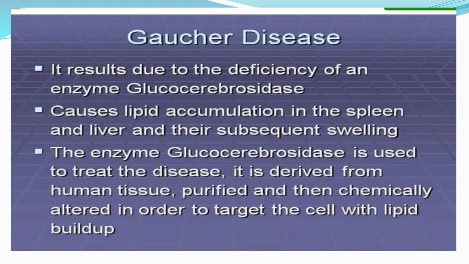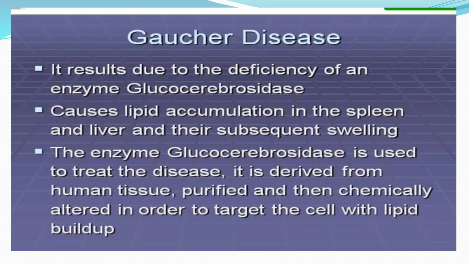So the enzyme glucocerebrosidase is used to treat that disease. This glucocerebrosidase is derived from human tissue, then purified and chemically altered in order to target the cells with that lipid buildup. So Gaucher disease is treated by the enzyme glucocerebrosidase.